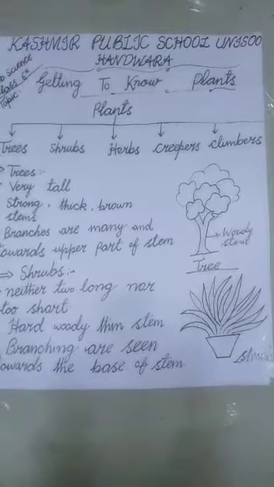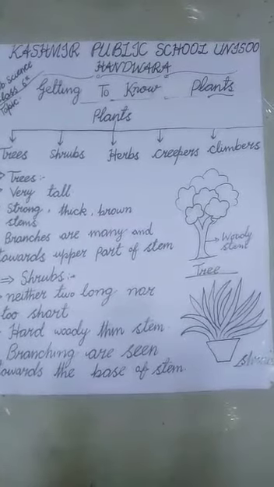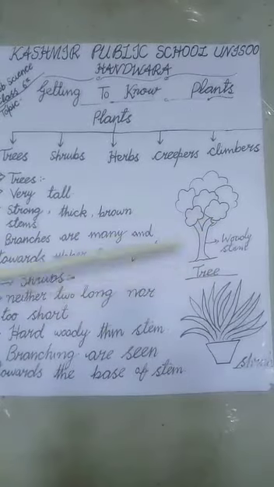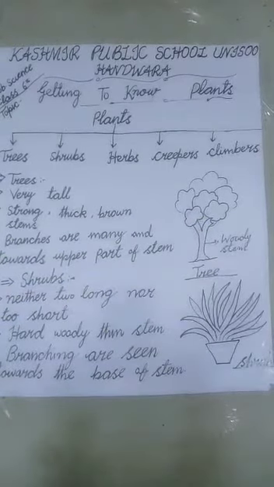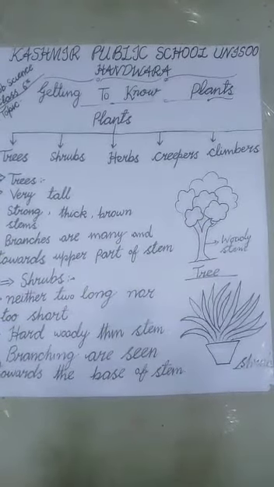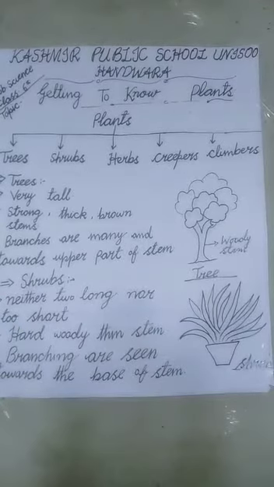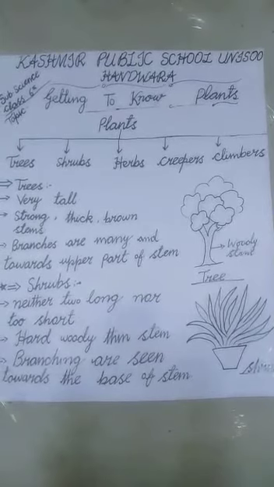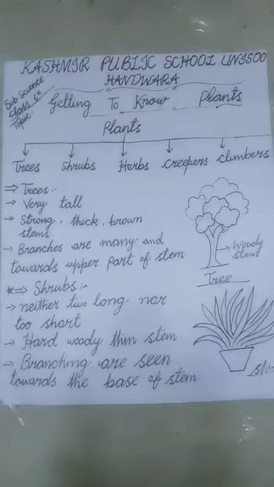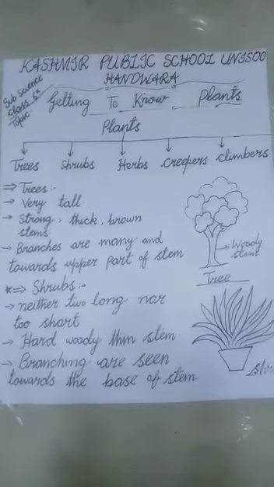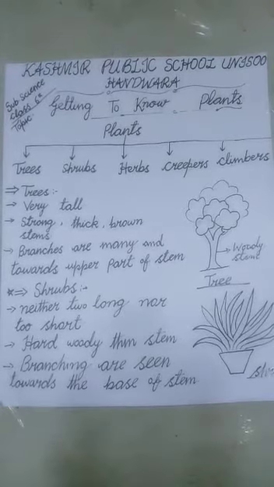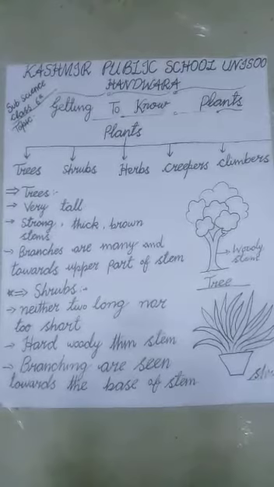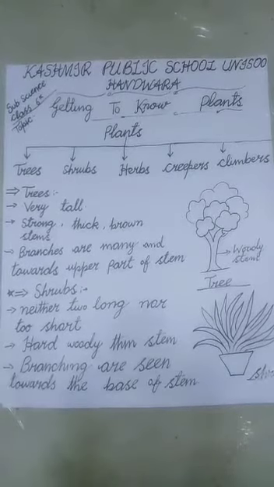These plants need a large space for spreading their branches. Most of the birds, insects, and animals live in and on trees. Usually these plants live for a longer time. Some examples of trees are neem tree, banyan tree, coconut tree, etc.